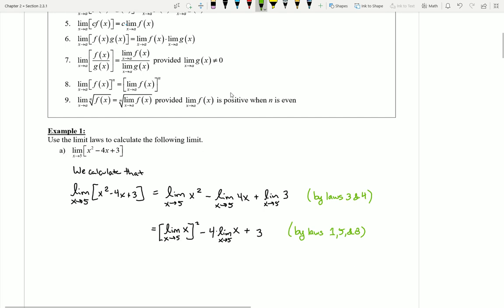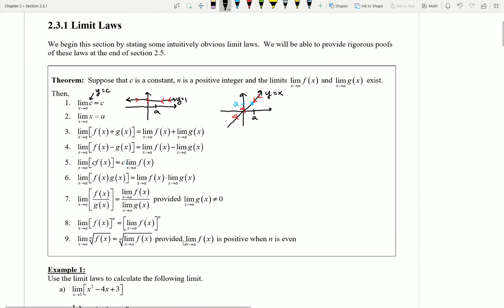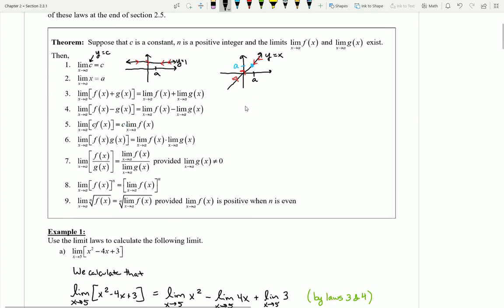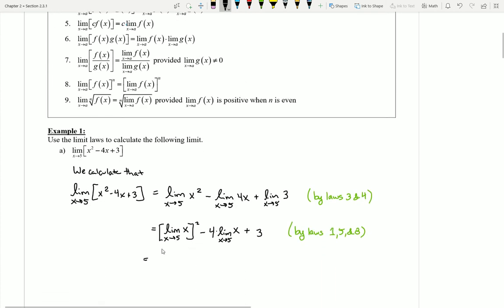Okay, now I can think about, oh wait, now I just have some limits as x approaches 5. And that's just like what I have up here in rule number 2. So this says, just like we saw in this picture, if I'm approaching some value on the function y equals x, then I always just get that exact same y coordinate back. So that means here, I'm just going to end up with the value 5.